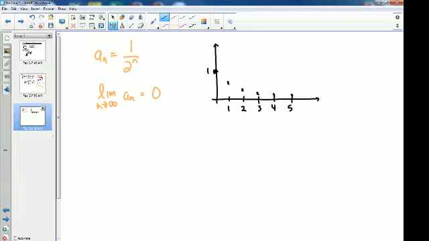Okay. Is this ever going to cross 0? So the limit as n approaches infinity is 0. So this a sub n, this is what we would call the lower bound. I.e. a sub n never crosses that line here. It's bounded by it.